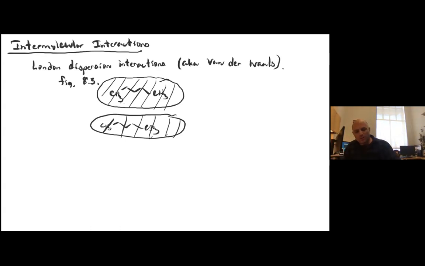And so what we say is that you get some temporary polarization of the electron density. For example, if the electron density shifts to the top of this top molecule, that would leave this electron poor, right? And then this one is going to shift to the top, and this is electron poor down here, okay? And so this plus minus interaction is stabilizing, okay? And so they all kind of move together.